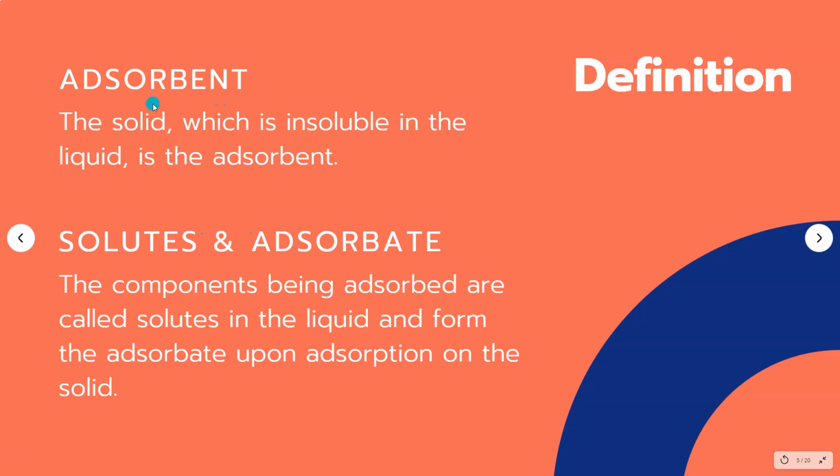What actually is adsorbent? Adsorbent is the solid which is insoluble in the liquid. Then the components being adsorbed are called solutes, which are in the liquid, and they form the adsorbate upon adsorption on the solid.